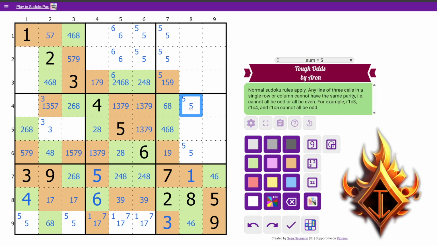This I don't think can be even, because the other even would have to go in one of these 2. This can definitely not be even. If this was even, the other even would have to go here, and this would make 3 in a row, so this is odd. It is a 3, 5, 7, 9.